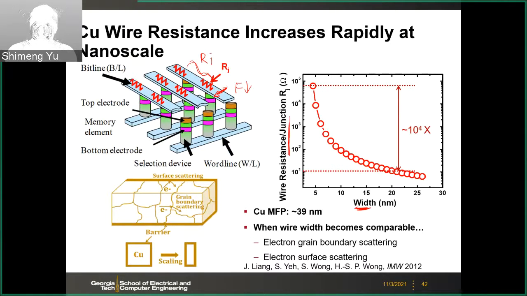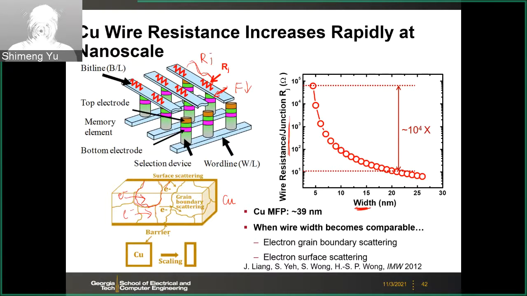So here, if you think this is your copper wire, the electrons will pass through the metal, but the electrons will be bounced back by the surface. So this is called the surface scattering. And also the copper will have grain boundaries. It's not a uniform metal. There are local grains. So all those boundaries and the surface will slow down the electrons. That means resistance, right?